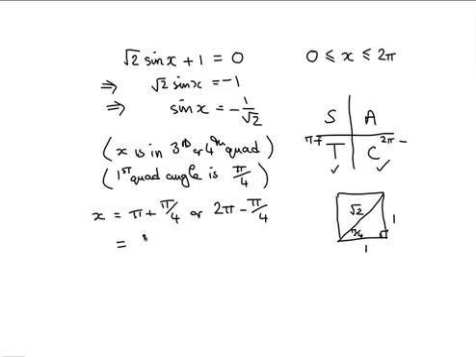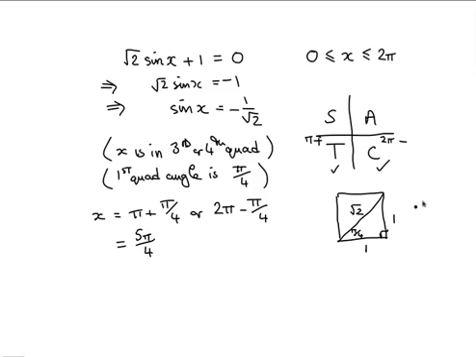Now, calculating this, we think in terms of quarters of pi. There's pi upon 4. This must be 4 lots of pi upon 4. 4 quarters of pi, that's a whole 1 pi. So this is 4 lots of pi upon 4 plus 1 lot of pi upon 4. That would be 5 lots of pi upon 4.